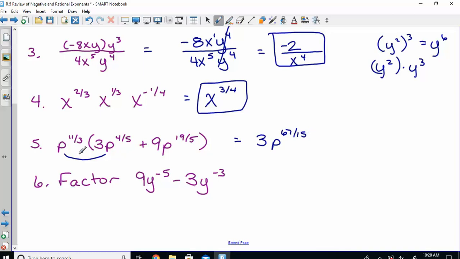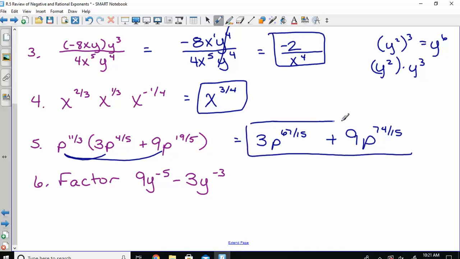Yep. Okay, the same. Take it to this one. So that gives me a 9p to the 11/3 and 19/5, 7/4/15. Thank you. And that's all you can do. Those p's are not like terms because the exponents are different, so we can't add.